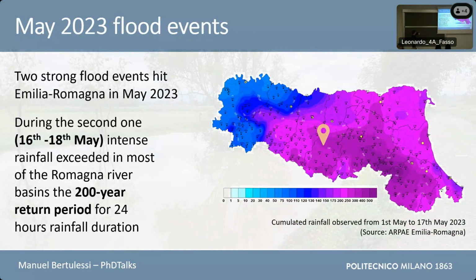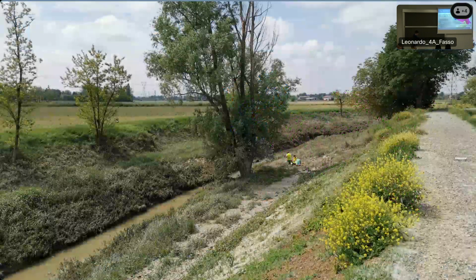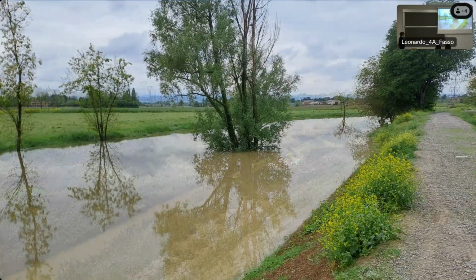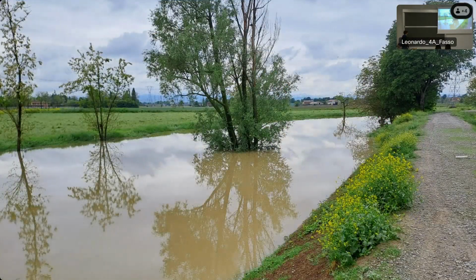During the second one, intense rainfall exceeded, in most of the Romagna River Basin, the 200 years return period for the 24 hours rainfall duration. Our test site is placed in the yellowish area, and fortunately there were no floods exceeding the levee crown, but all the water was contained by the new levees.